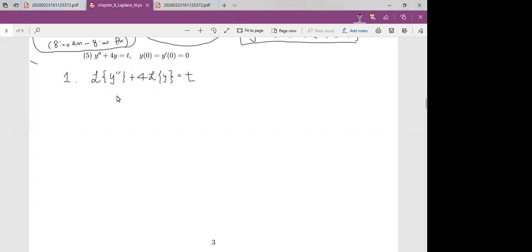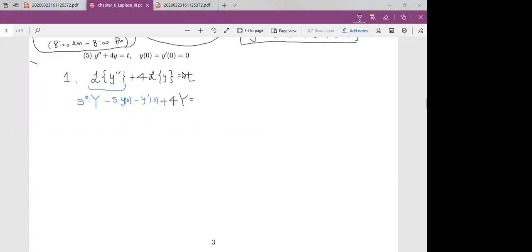Then you can replace the first term by an expression in S and capital Y. This Laplace transform is S squared Y minus S times y of 0 minus y prime of 0. Good. And then the next term is simply capital Y.